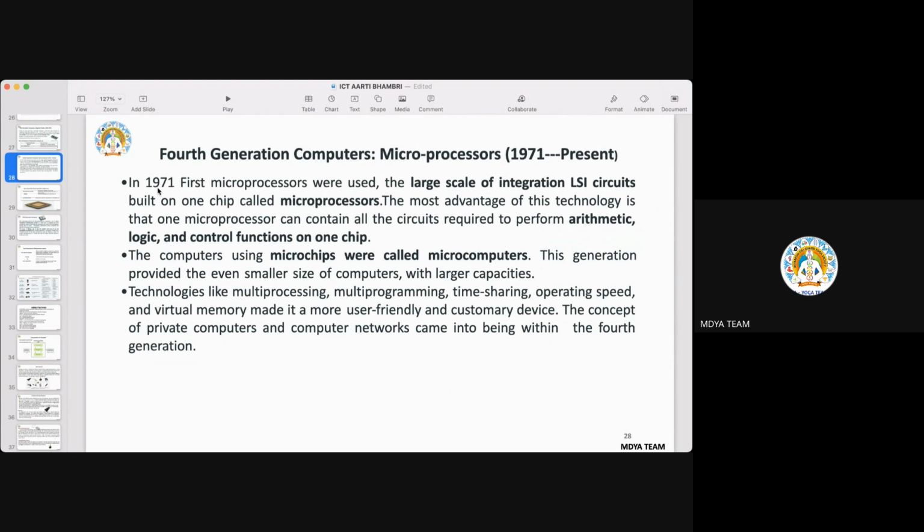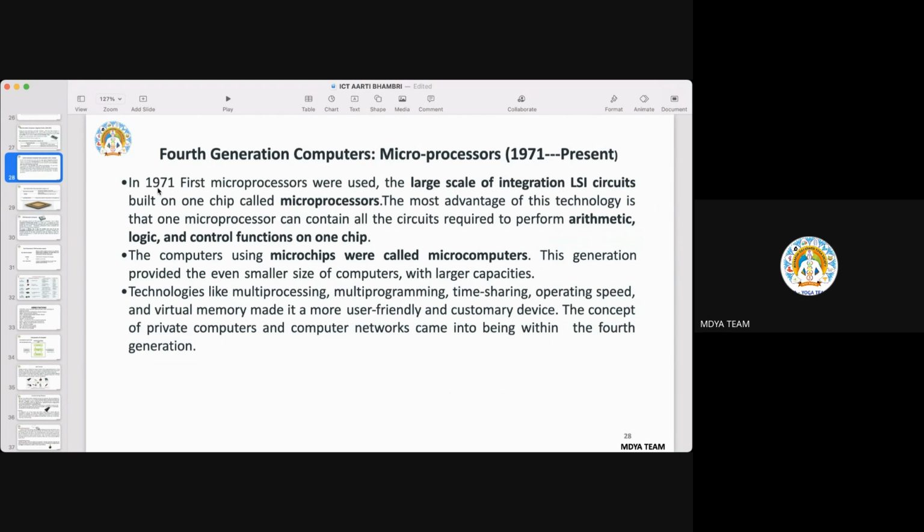So the most advantage of this technology is that one processor can contain all the circuits required to perform arithmetic, logic, and control functions on one chip, that we call CPU. Computers using microchips are also called microcomputers.